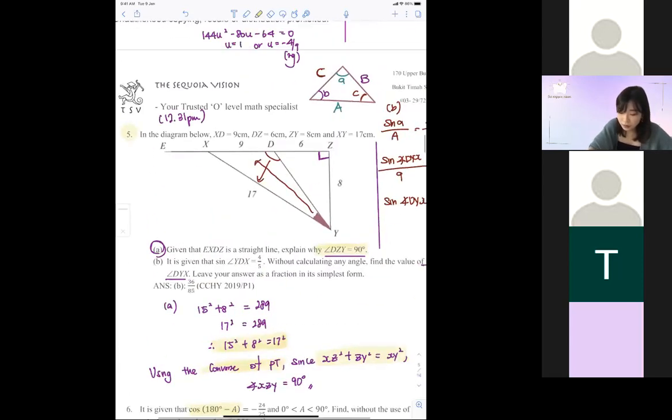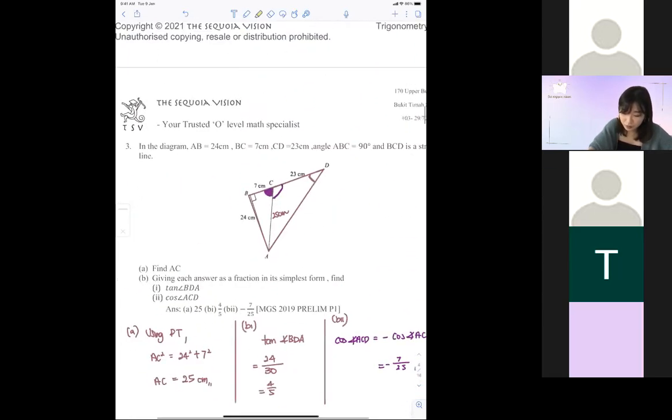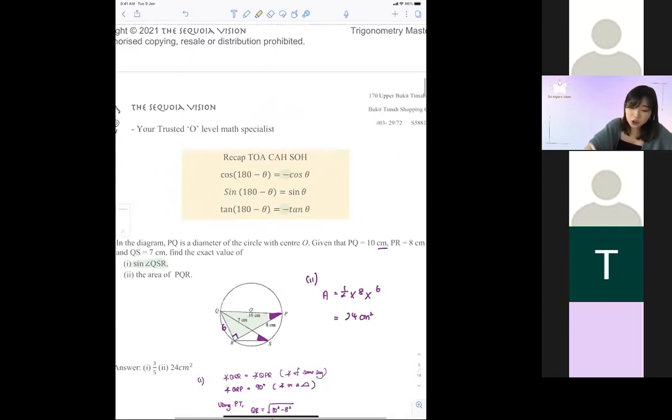So what I did was, when you see 180 minus A, it's actually implying that you must use the set of formulas here. The reason why only sine doesn't have negative, I would need to draw the sine, cosine, and tangent graphs to explain to you. But let's not do that, okay? You just have to take it that only sine doesn't have negative.